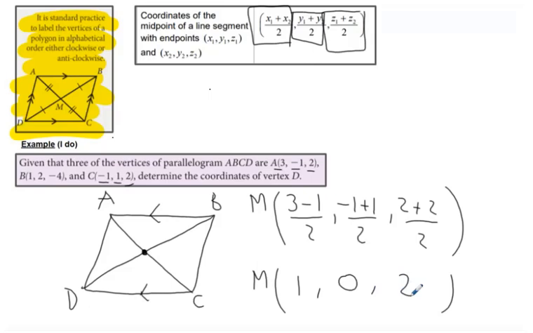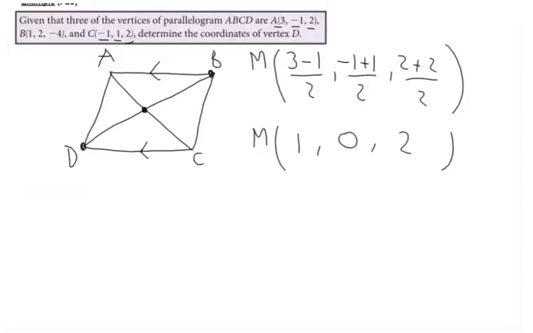So now we know where the midpoint is, we can apply the same formula between B and D. We know the coordinates of B. We don't know D, but we know that the answer to the midpoint formula will be 1, 0, 2.